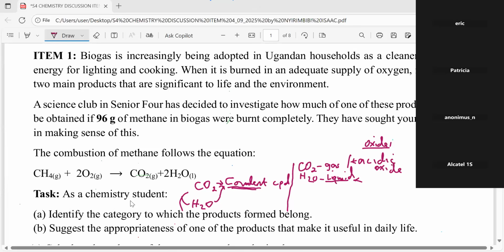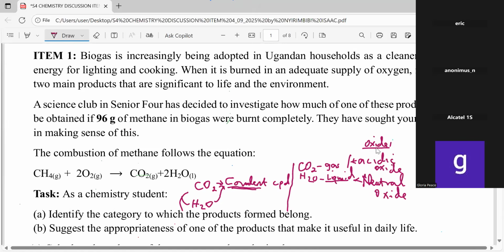I don't know how to explain it, but its properties are not seen in both basic and acidic oxides. Okay, thank you, Patricia. But at least that point is very correct, that it can be a neutral oxide.